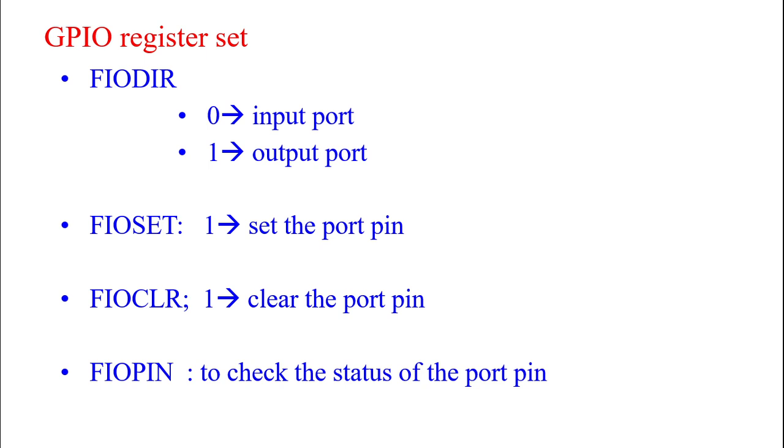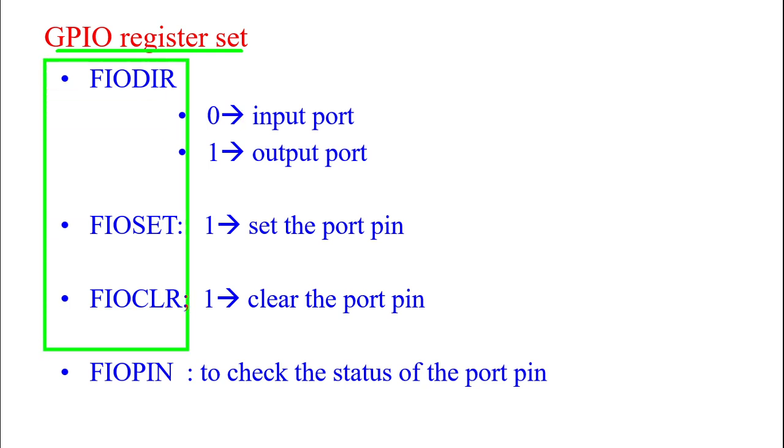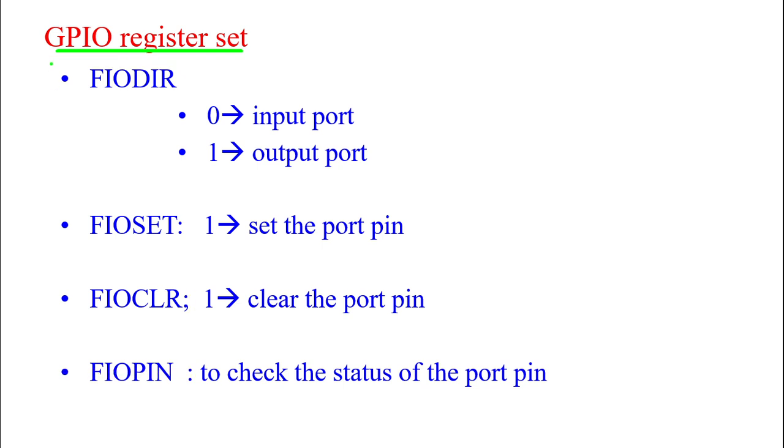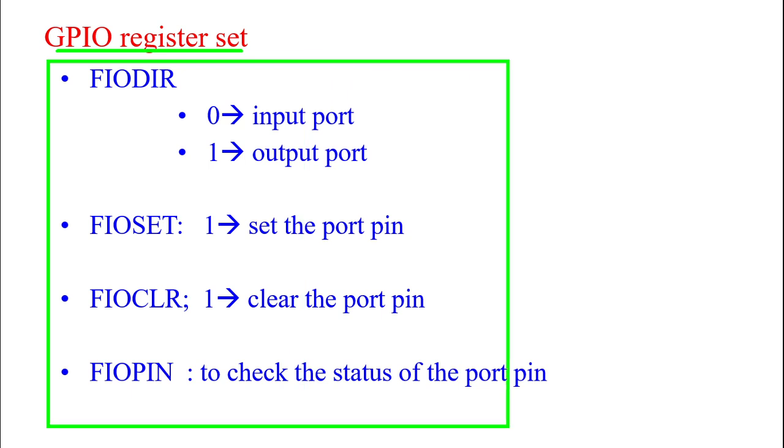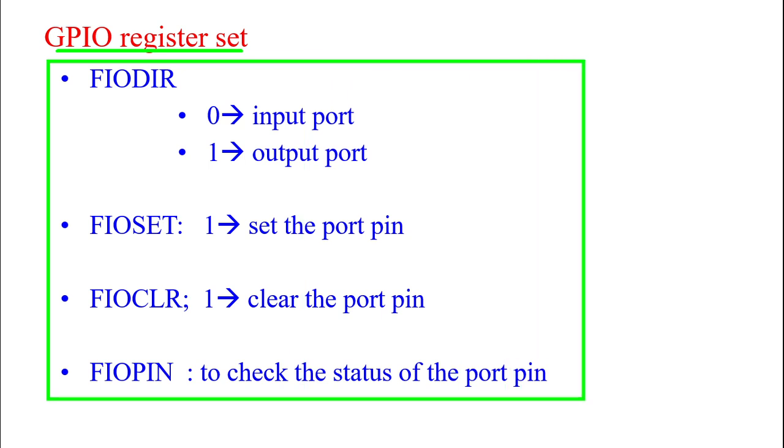In this microcontroller, GPIO has different registers, but mainly we have 4 important registers which we will use in our coding. The first one is called FIODIR. Then we have FIOSET, FIOCLR, and FIOPIN.